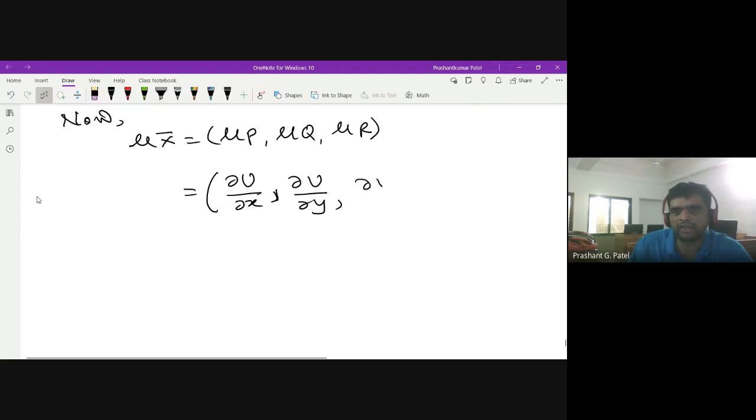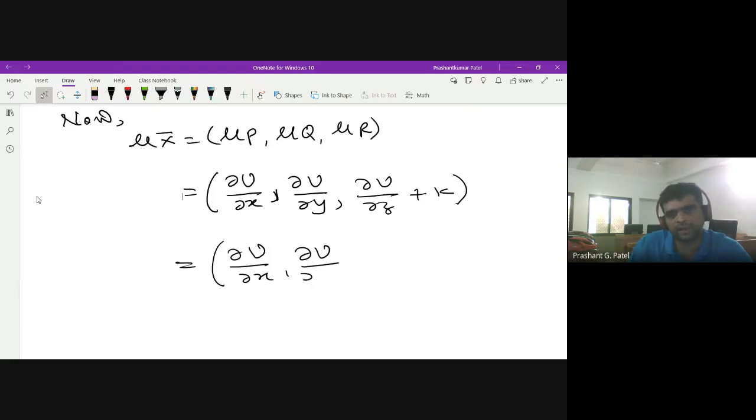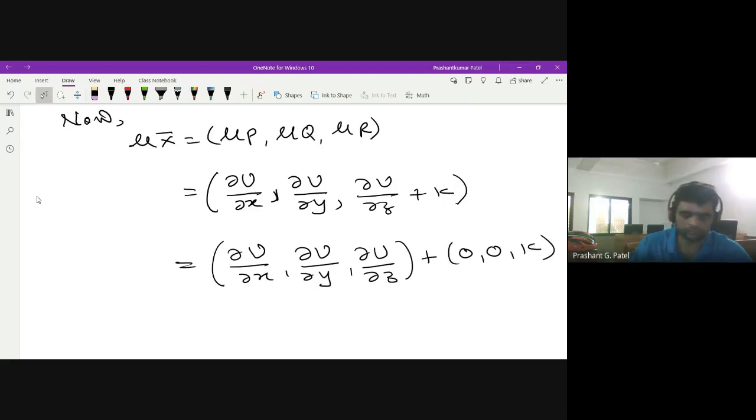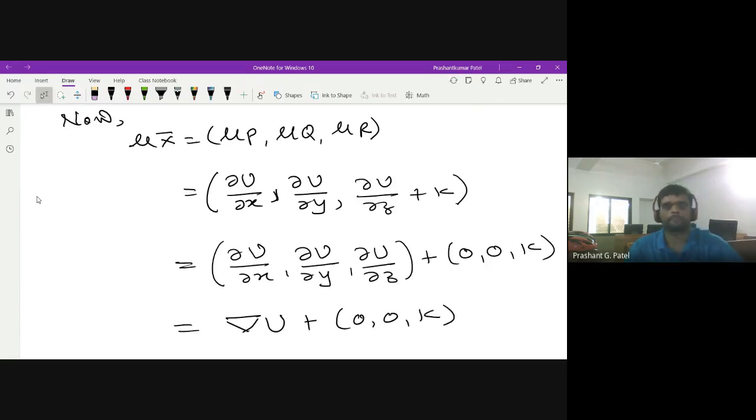We separate these two, that is del u by del x, del u by del y, del u by del z plus 0, 0, K. What is this? The first is gradient of u plus 0, 0, K. That is your mu into X bar.